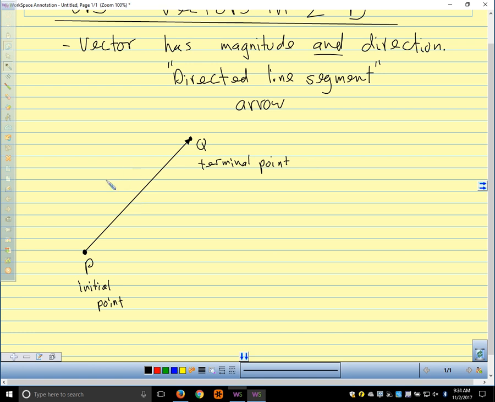When we label vectors in writing, we could call this vector V, and we use a little half arrow over the top to say it's a vector and not some other kind of thing. We could also call it bold V, or sometimes you label vectors with their initial point and their terminal point. You'd say vector PQ.